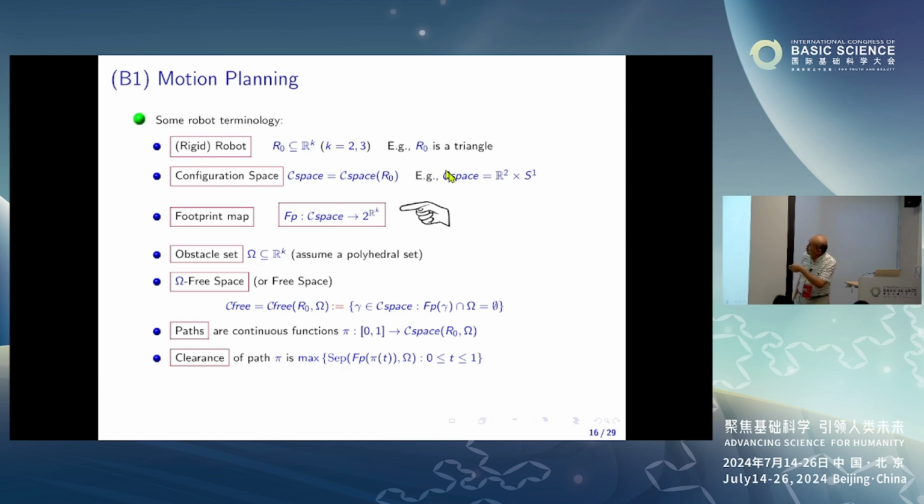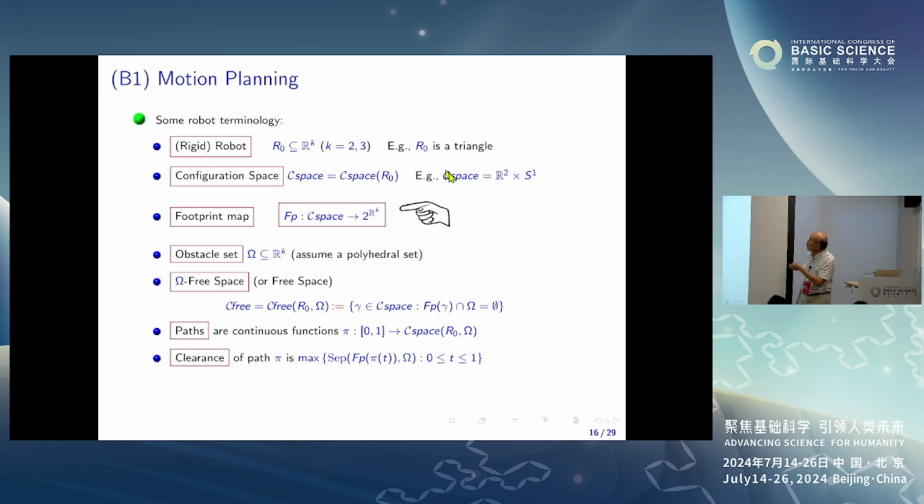So I don't want to go into the details, but just to remind you, if you are already familiar with this terminology. Let's assume you have a rigid robot R0, which is in R2 or R3. Let's say R0 is a triangle. And then configuration space is basically the parameter space parameterizing its position.